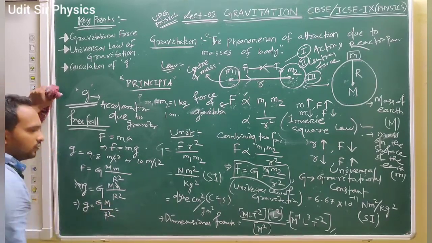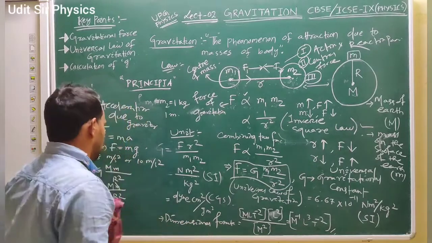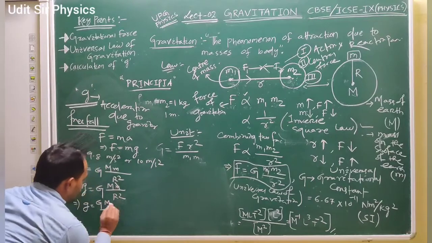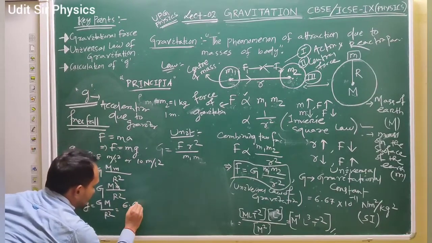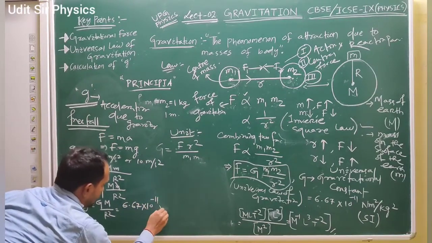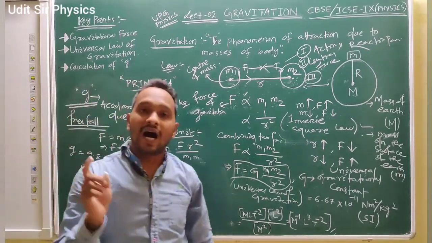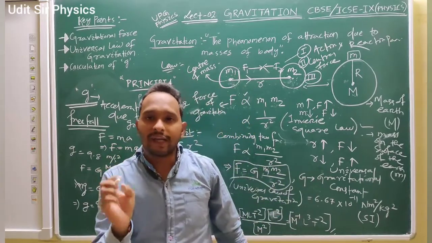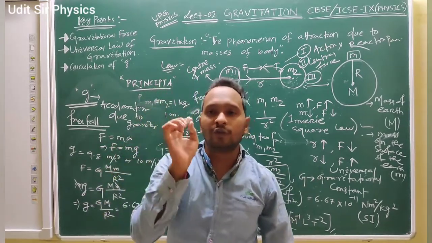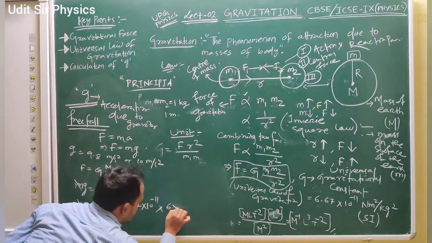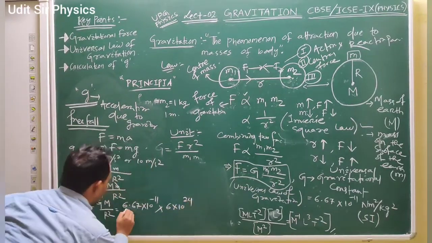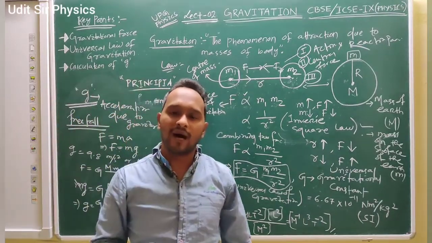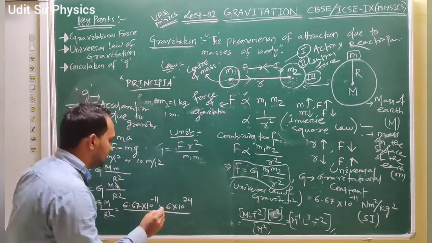And here find out all the values. Put in all the values. That G is 6.67 into 10 to the power minus 11. And here capital M is the mass of the Earth, and its value is 6 into 10 to the power 24 kg, by radius of Earth squared. We know the value of radius of Earth, 6.4 into 10 to the power 6 meter.